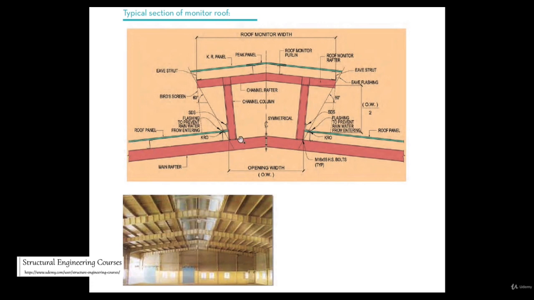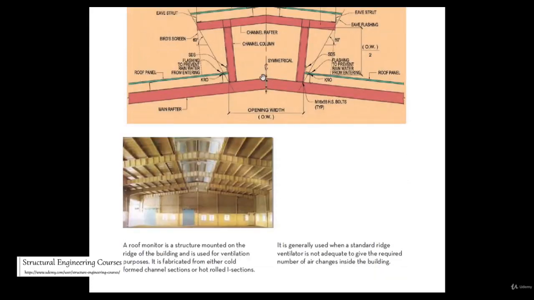On top of that we install the sheeting, and we stop the sheeting up to this point only, and here they have provided this flashing to prevent rainwater from entering, and here they have provided this bird screen so that birds do not get inside the building. In addition, this angle is usually in the range of 60 degrees here. Here they have provided another eave flashing and eave strut, and this is a roof monitor, and this is basically the peak panel.